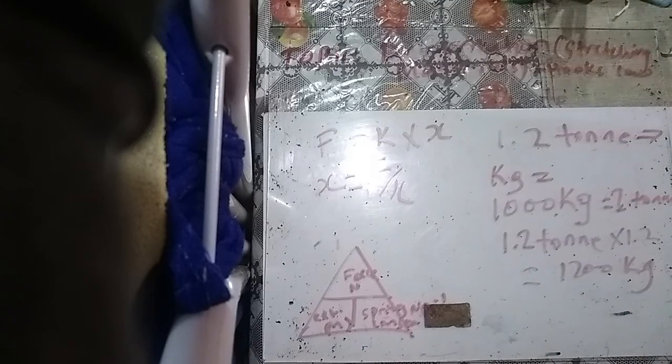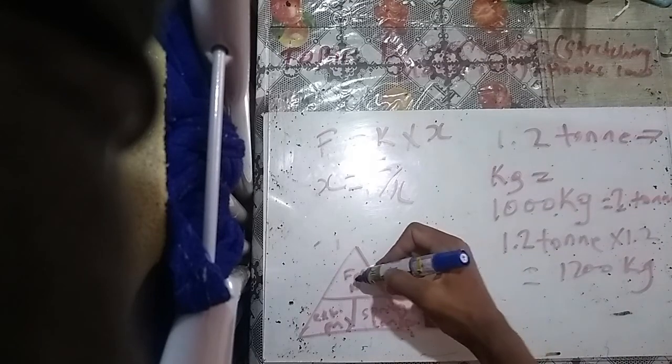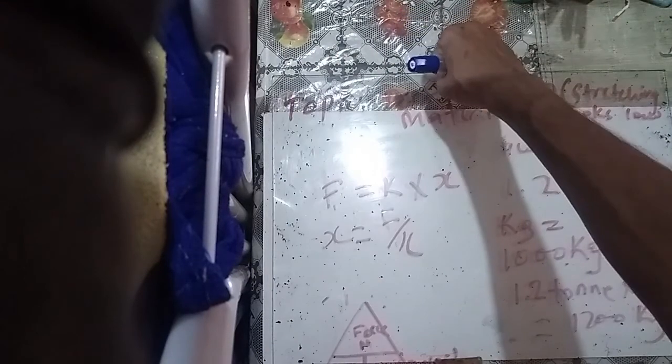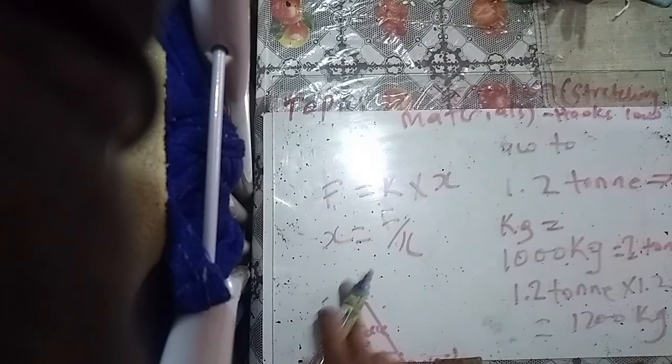Can we go and calculate? No, because according to this, we still need my force. Are you seeing it? I need my force. Because the equation says the extension is equal to the force, which is the weight, divided by the spring constant, k.